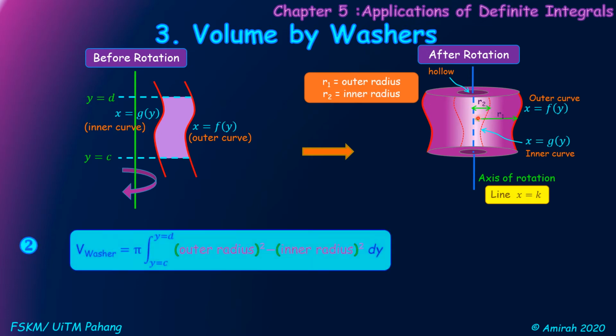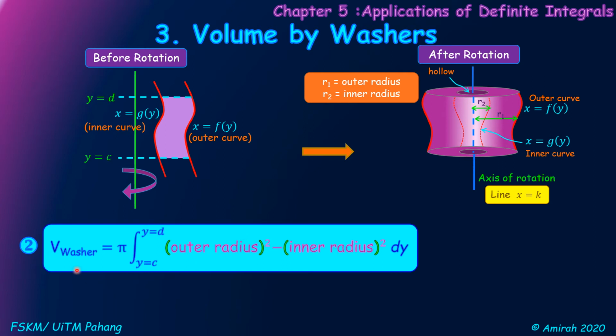Then we can set up the volume by washer formula: volume equals pi, integrate from y equals c to y equals d, outer radius squared minus inner radius squared dy.